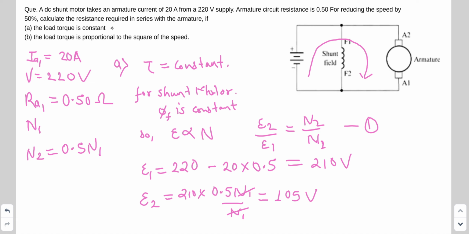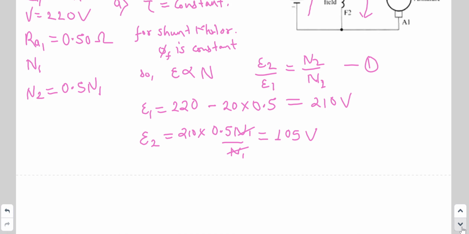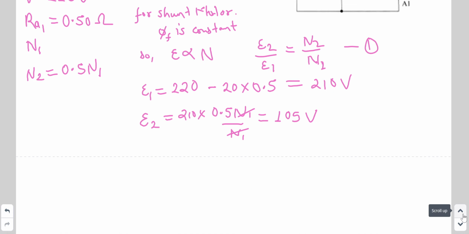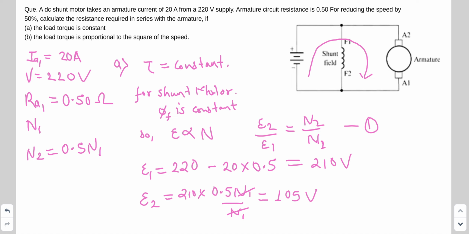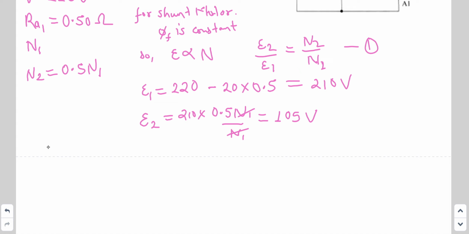So we have calculated the E2 and now we have to find the resistance that is connected in series with the armature resistance. So the new resistance, and the given condition is that torque is constant. So we know that for the shunt motor, torque is directly proportional to Ia. So when the torque is constant, Ia will also be constant.